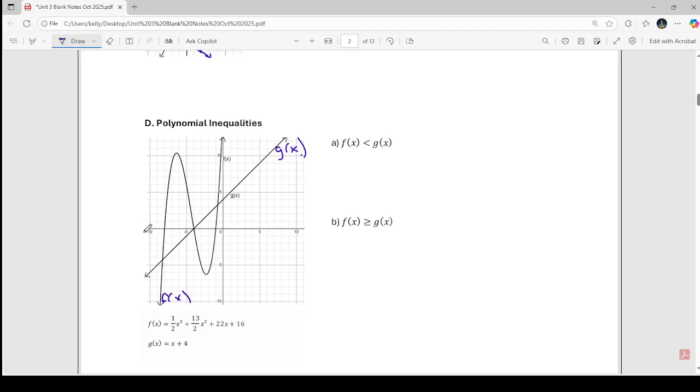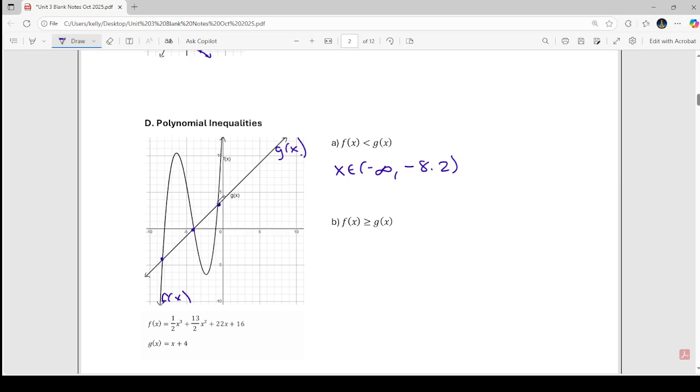So as we go along our x-axis, g of x has points that are higher than f of x. So f of x is lower from negative infinity until this point of intersection, which is just past negative 8. So let's say negative 8.2. Okay, and then until our next point of intersection, g of x is greater.